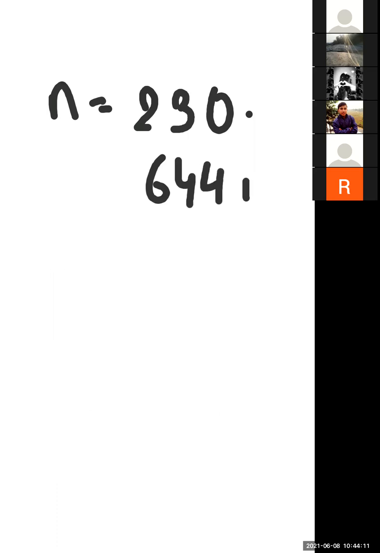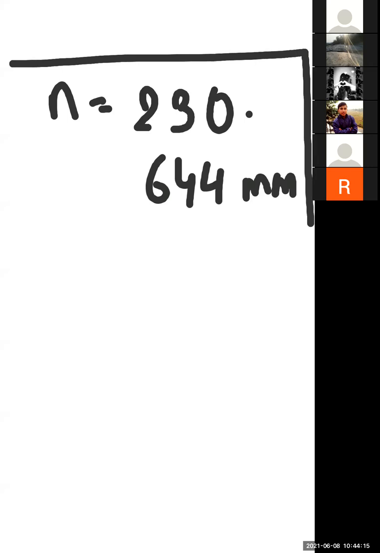मैम 230.644 का क्या था? After solving this, we get the value of N, 230.644. Yes, ma'am.